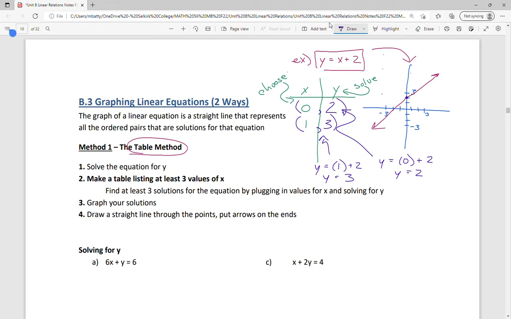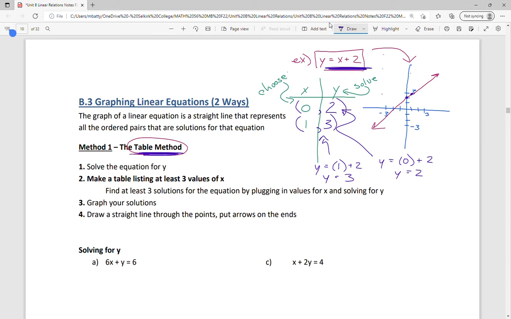So this point should be a point on that line. Now it's a little messy, but it does work, right? So this is what we're going to try and do: start with the equation and go to the graph. And the first approach is going to be like what I've just done in this really sketchy way, the table method. So let's try these ones.